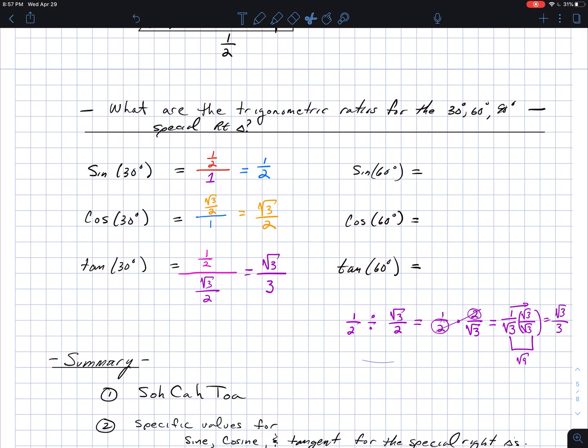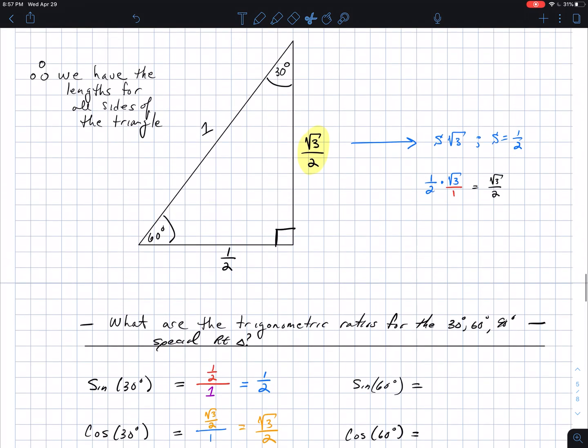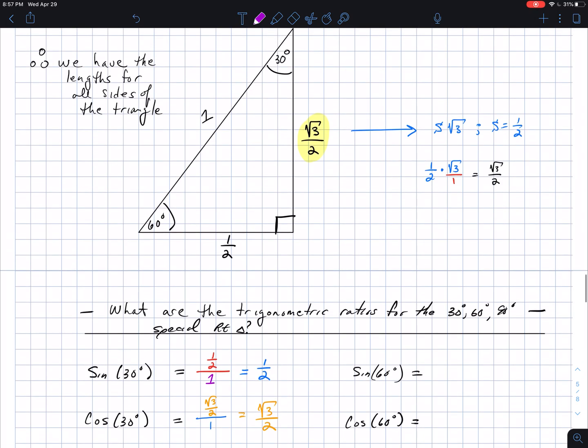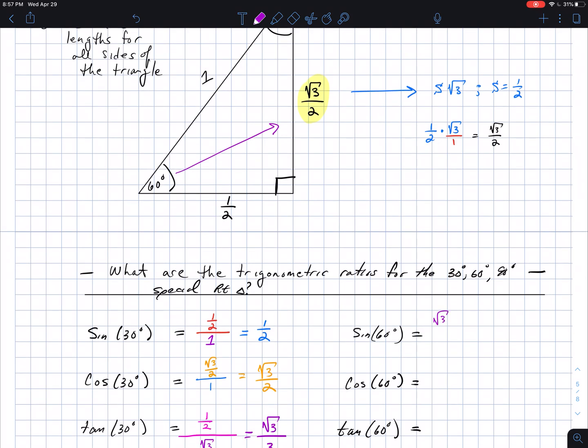Okay. So now I'm going to delete all this, just so we can make some room for work. Now, what's the sine of 60 degrees? Well, now we're looking at this angle right here, right? 60. So we want to know the sine of 60. Well, the sine of 60 is the opposite, so that would be root 3 over 2, all divided by its hypotenuse, 1.